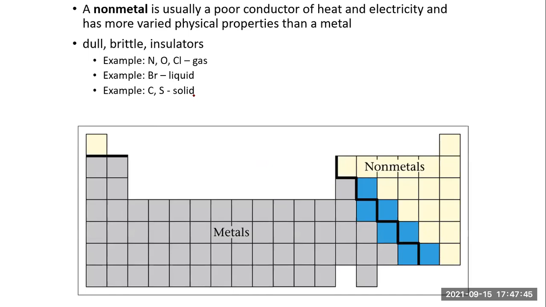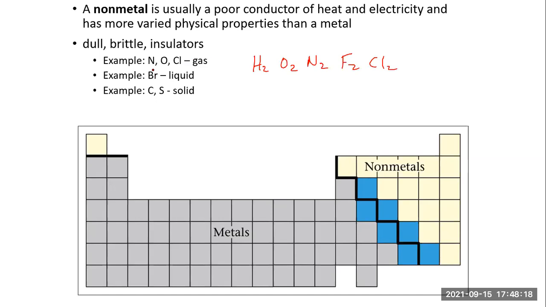Now, as I mentioned a second ago, nonmetals are really the opposite in characteristics. They are poor conductors of heat and electricity. They have a much more varied physical state. Some nonmetals are gases. So a lot of those elements that we talked about, which are diatomic molecules like hydrogen, oxygen, nitrogen, fluorine, chlorine, and so forth, a lot of those come as 2, and they're gases.